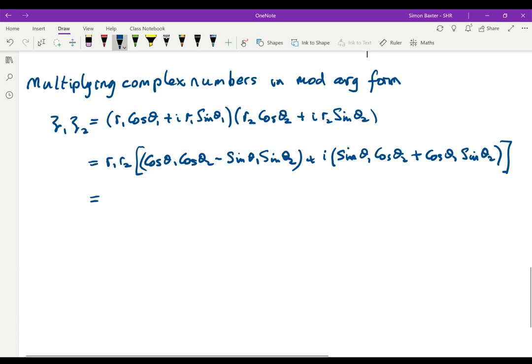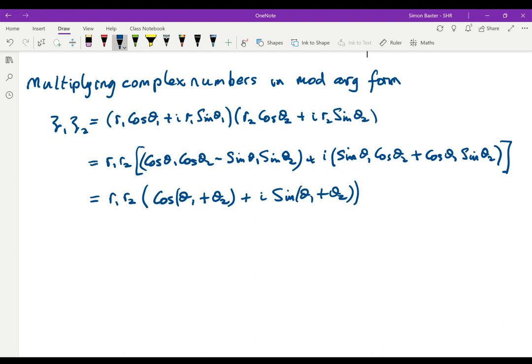Now we get a big bonus. The first one is cos theta 1 plus theta 2, plus i sine theta 1 plus theta 2. Sine cos plus cos sine.